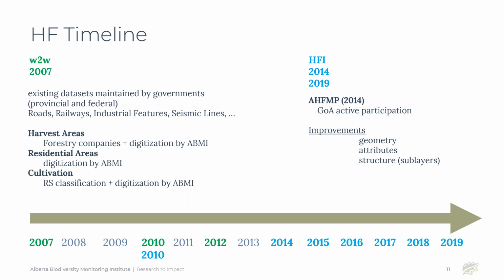And also one of the biggest decisions was that annual updates are possible. And since 2014, ABMI released annual updates of human footprint inventory. So we sort of rebranded from that wall-to-wall type to HFI type.